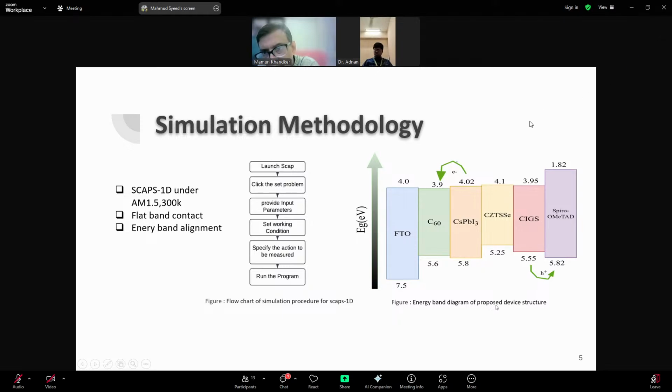This is the energy band diagram proposed for this device. The very important thing is that the conduction band of the electron transport layer should be lower than the active layer for the free flow of electrons, and the valence band of the electron transport layer should be lower than the active layer for blocking holes.